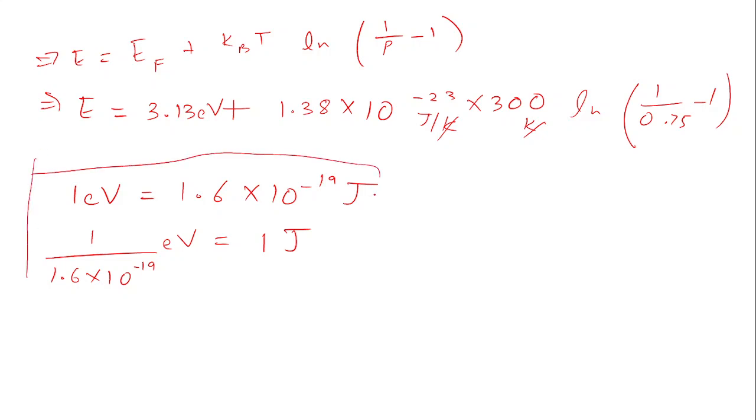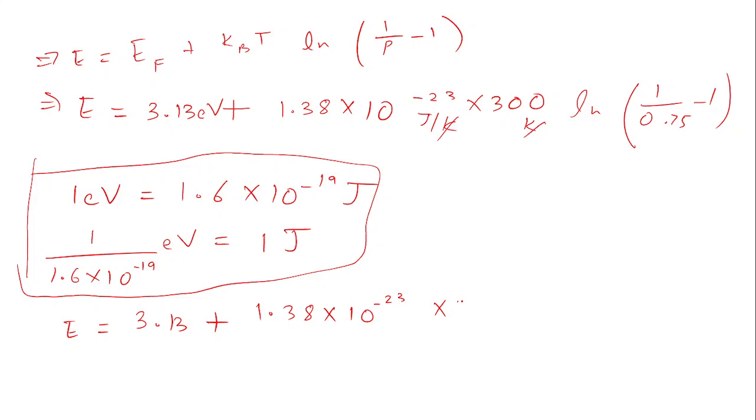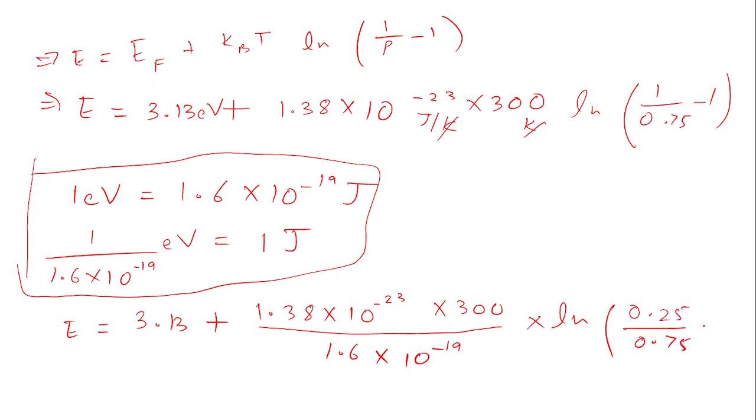So taking care of this, the energy will become 3.13 electron volt plus 1.38 times 10 to the power minus 23 multiplied by 300 multiplied by this, because I want to convert this joule into electron volt, 1.6 times 10 to the power minus 19, multiplied by this natural log, and inside it will be 1 minus 0.75, meaning 0.25, divided by 0.75.